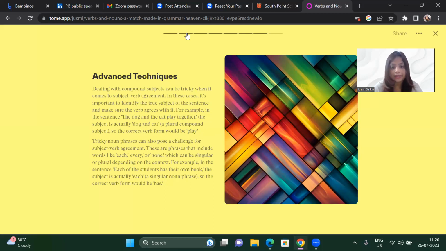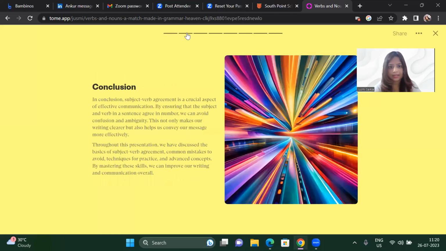The dog and the cat play together. In this sentence, the subject is the dog and cat, a plural compound. So the correct form of the verb would be play. Since there is a dog and a cat, they play. Plural subjects are there. Yeah, so the verb will be plural, play. Okay, something similar like this.